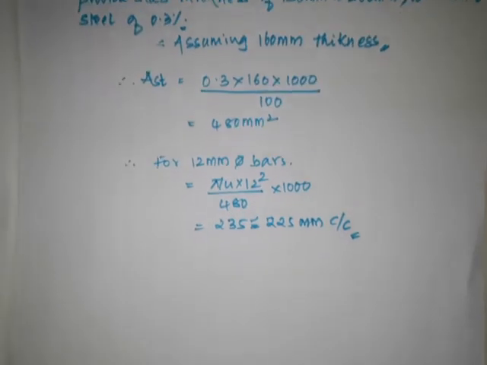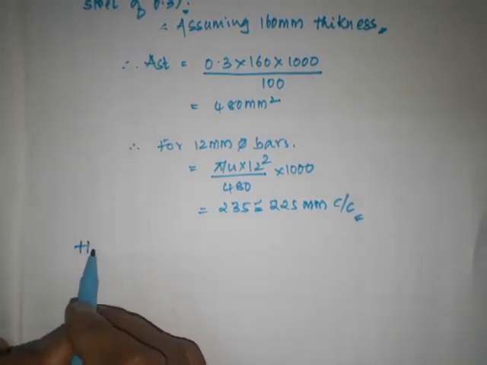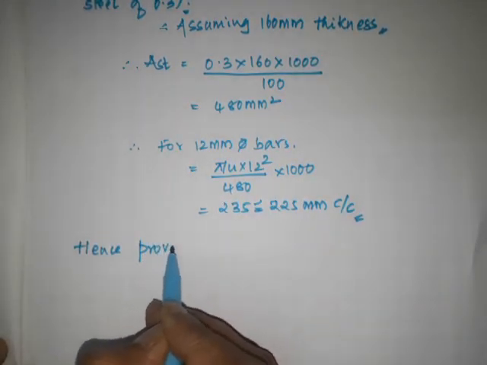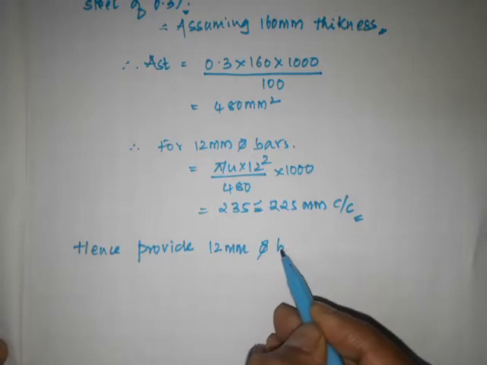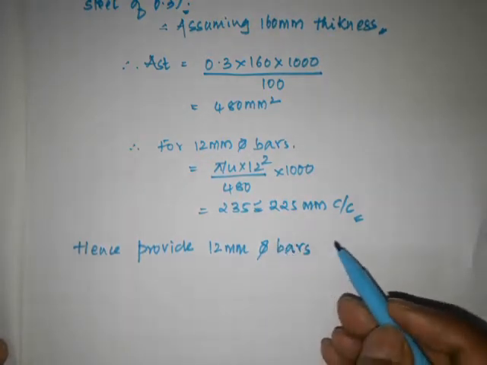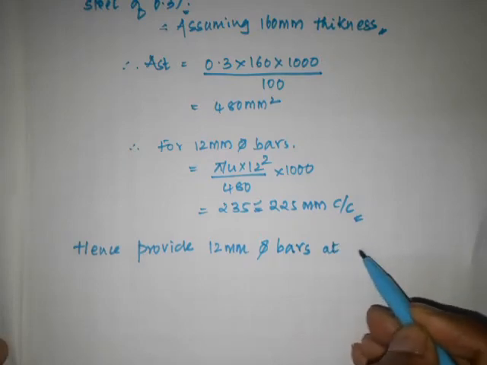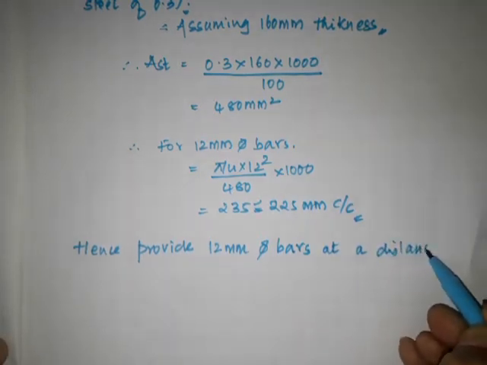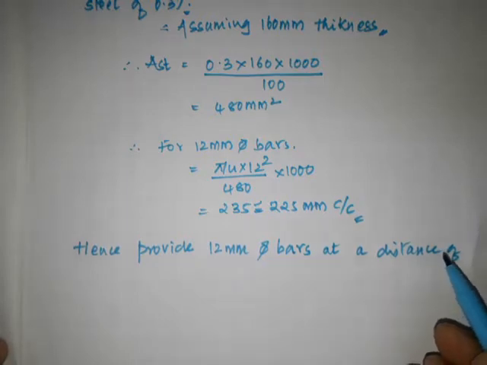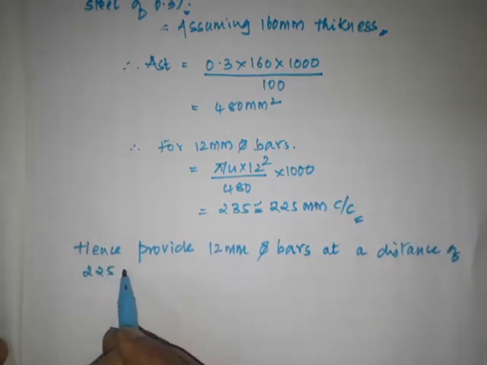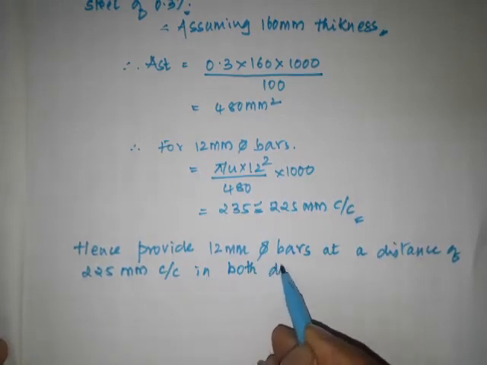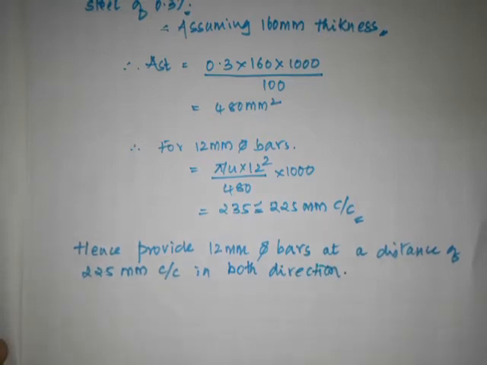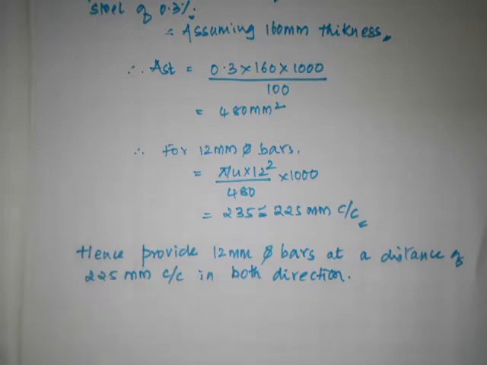So what you can write? Hence provide 12 mm dia bars at a distance of 225 mm center to center in both directions, because in a slab you have to provide the reinforcement in two directions, along length or x direction, and y direction.